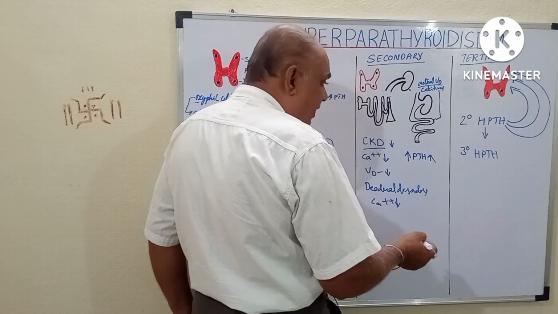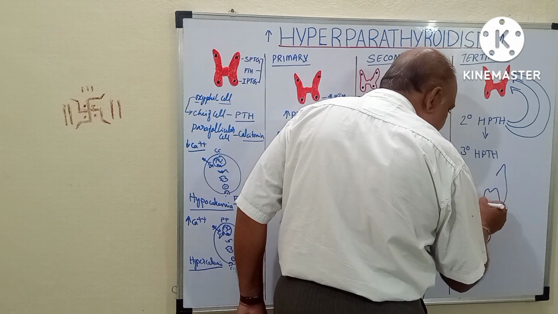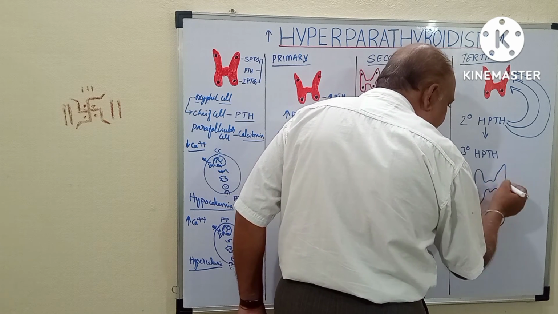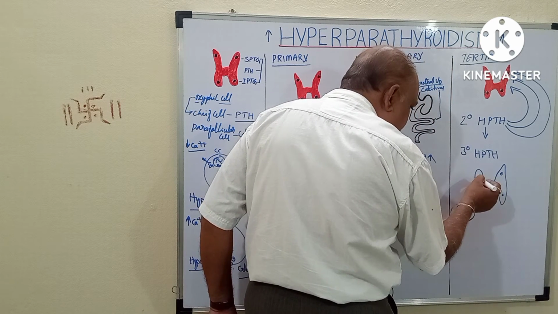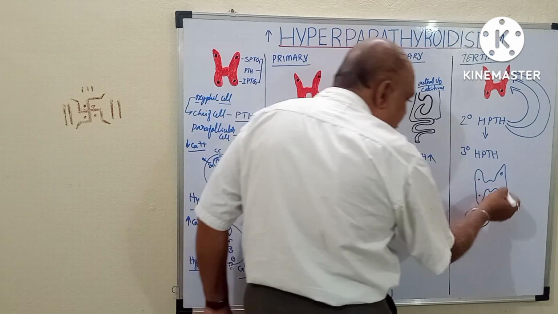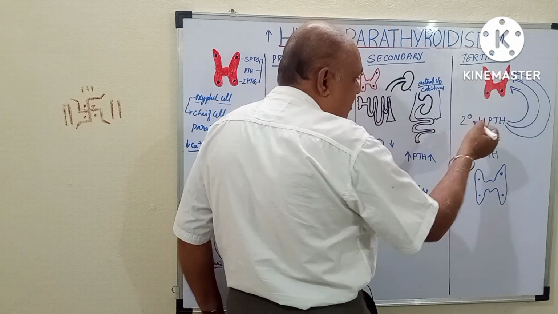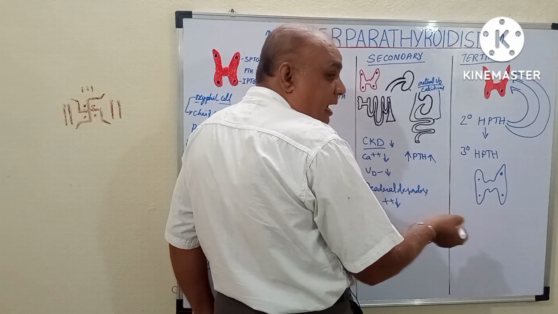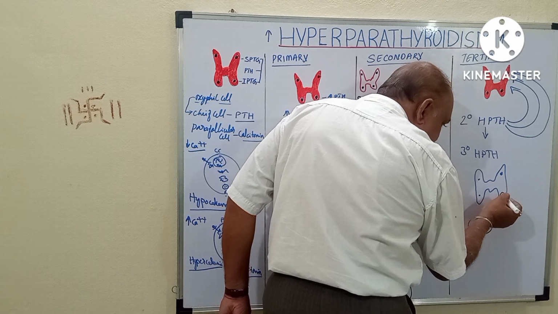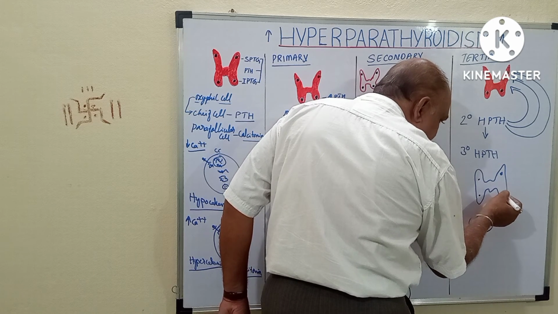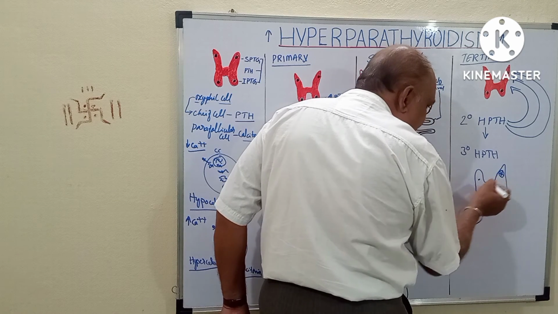hyperparathyroidism, which we will try to understand with the help of a diagram. These are the parathyroid glands, and this is the thyroid gland. This is the normal state. Now due to this continuous process of stimulating higher parathyroid hormone, these parathyroid glands will extend their abilities.